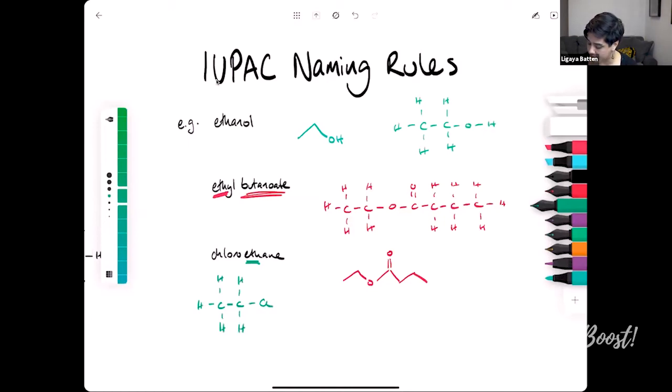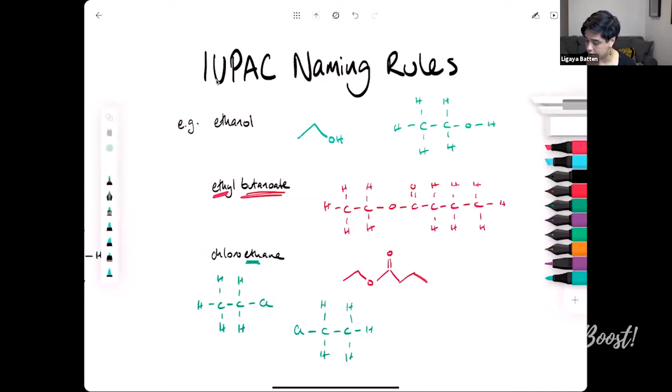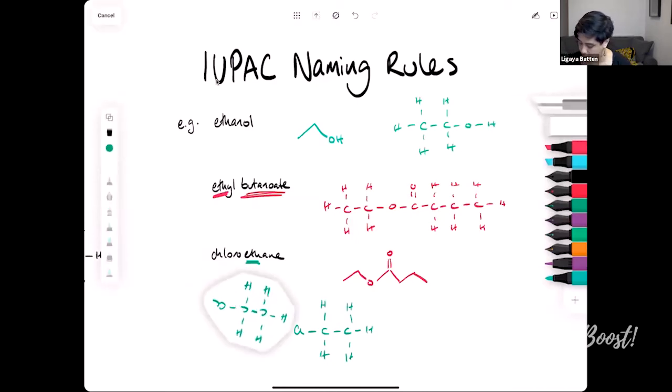So try and think about that as you're drawing these things, because sometimes people get confused when they're drawing, for example, isomers, and they start to think that this molecule is different from the one we just drew here. These are actually the same molecule because these compounds can rotate to become basically the same thing. This is just trying to show you how this is actually the same molecule, just rotated.